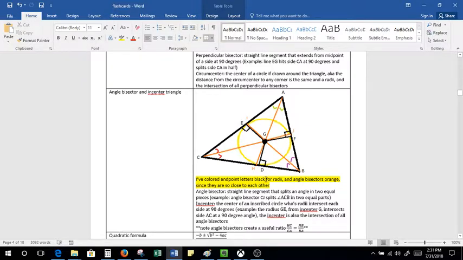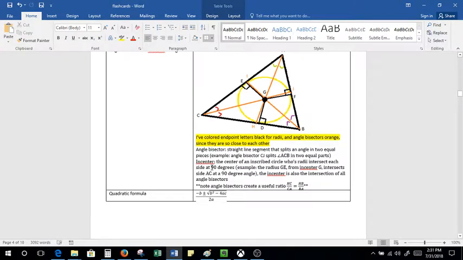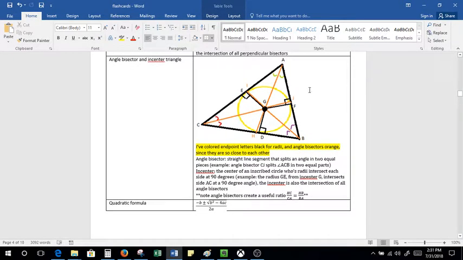The example is CJ. So J's over here. I've colored the letters to differentiate them. We'll talk about that in a second. So angle bisector CJ splits angle ACB, which is right here, into two equal parts. The incenter is the point at which all these angle bisectors meet.